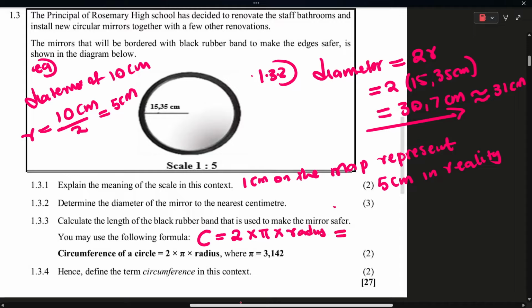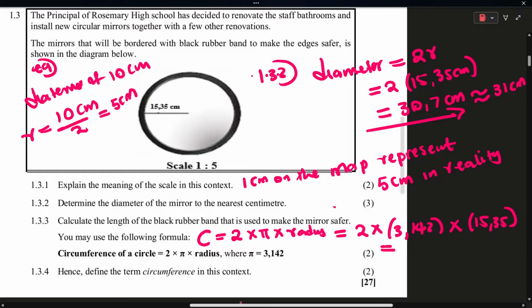Okay, then we say is equal to 2. We are being told the value of pi, what must be replaced is 3,142, and then multiply by what is the radius? We know it's 15,35 centimeters. And then you press your calculator for us to get that circumference.